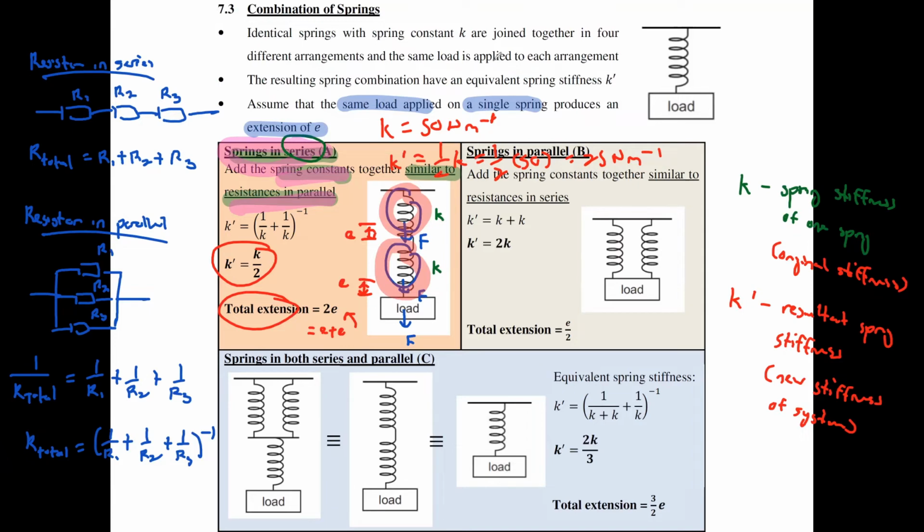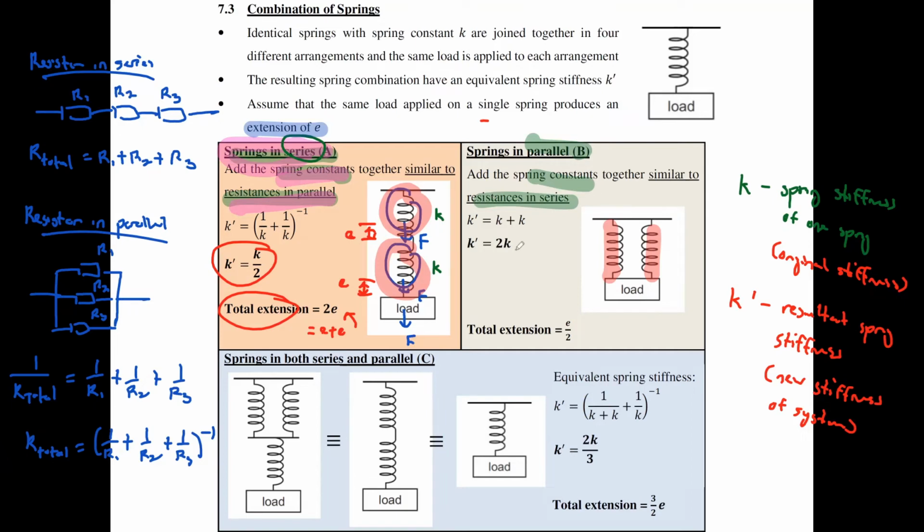Now, what about if you have a case where the springs are in parallel, like this? You have the same springs, but you arrange them in parallel. Okay, now in cases where the springs are arranged in parallel, you want to get the new spring constant, you will add them together like you would resistances in series.